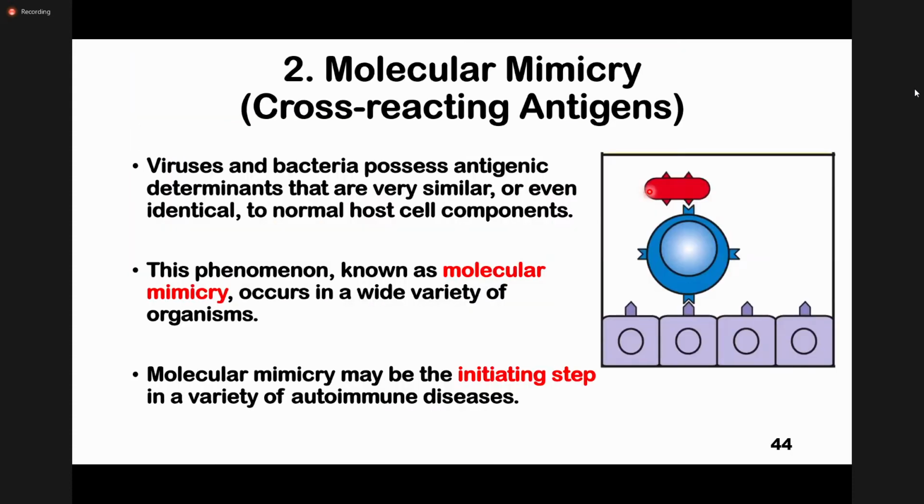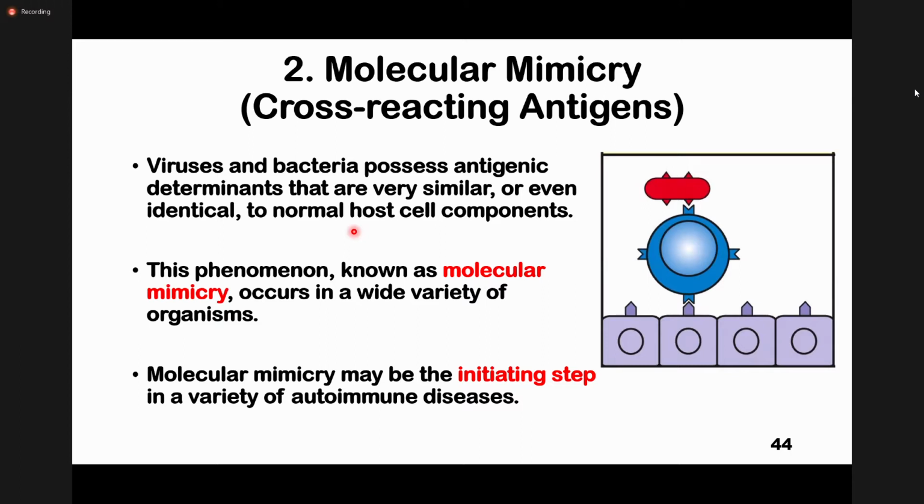Molecular mimicry, which we talked about earlier, will just mimic the normal functions. Viruses and bacteria possess antigenic determinants that are very similar or identical to the normal cells. That's what I told you. The virus and bacteria have some antigenic properties that are similar in some way to a host cell or component.